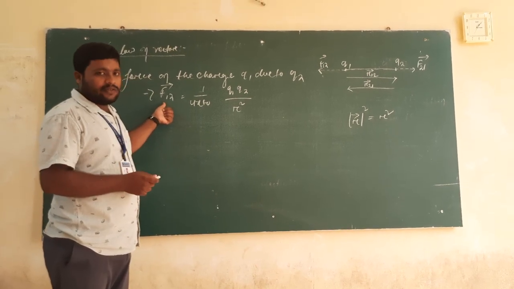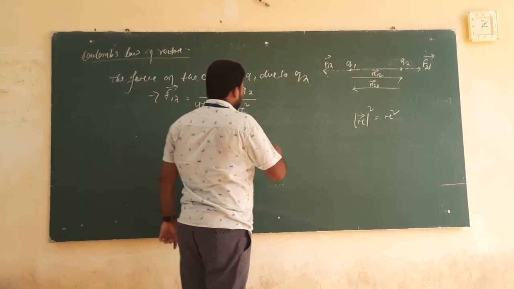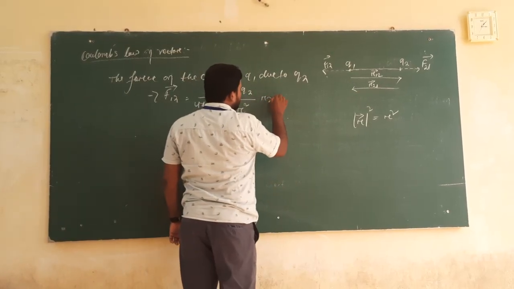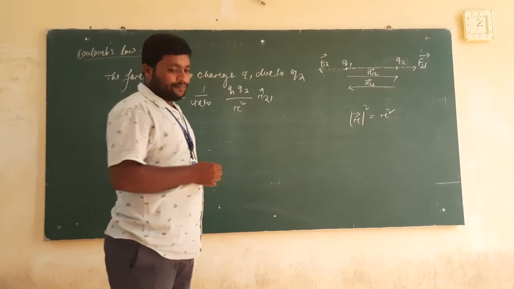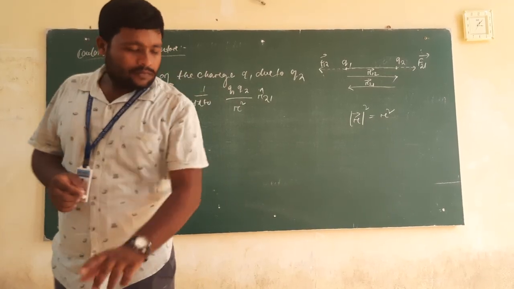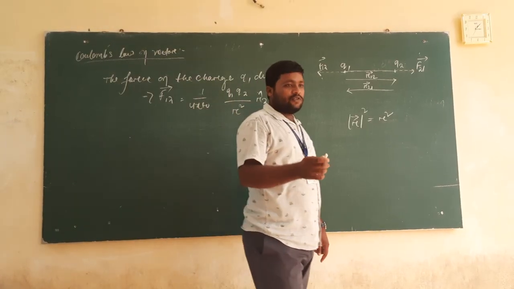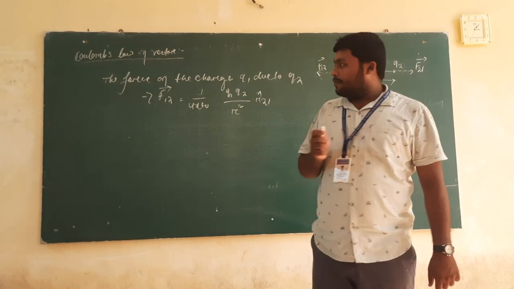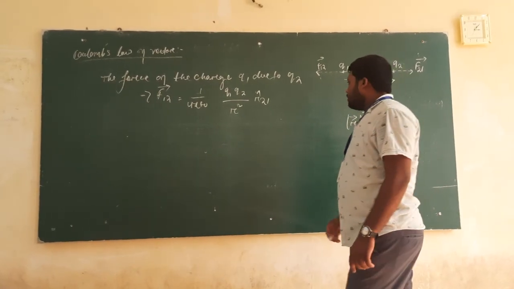This has the direction of the force, that's why the direction can be taken here as R21. R12 means it is the unit vector which has magnitude 1 but direction along the R21 vector.